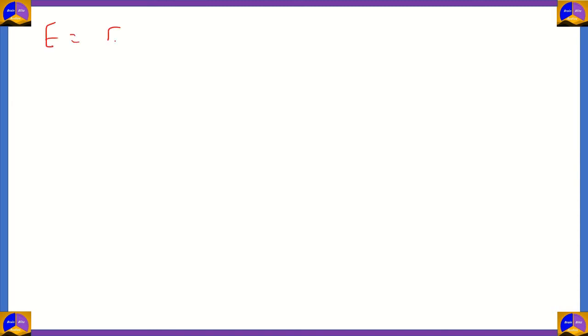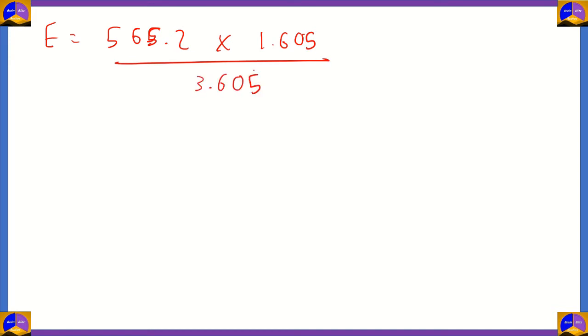So the electric field will now be equal to 565.2 times 1.605 divided by, the denominator here is 3.605. Now this is the calculation that we need to do. Let's multiply the numerator as both 4-digit numbers. So 5652 times 1605. 2 5s are 10, 5 5s are 25, plus 1 gives you 26, 6 5s are 30, 30 plus 2 is 32, 5 times 5 is 25, 25 plus 3 is 28.